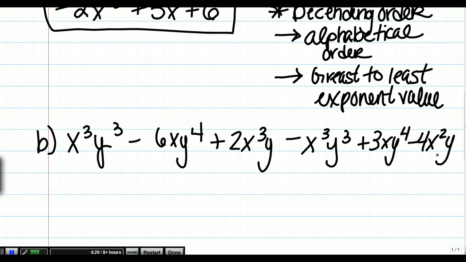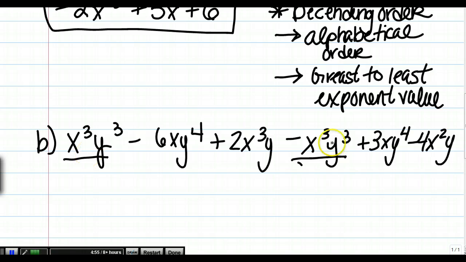You look at this equation, and you would combine like terms. When you look at the variables, they have to have the same powers in order for them to be like terms. So let's look at this one right here. We're looking for an x to the third and a y to the third. Well, that one doesn't work, that one doesn't work, but this one right here does. This one doesn't work, this one doesn't work. So you're just looking at these.